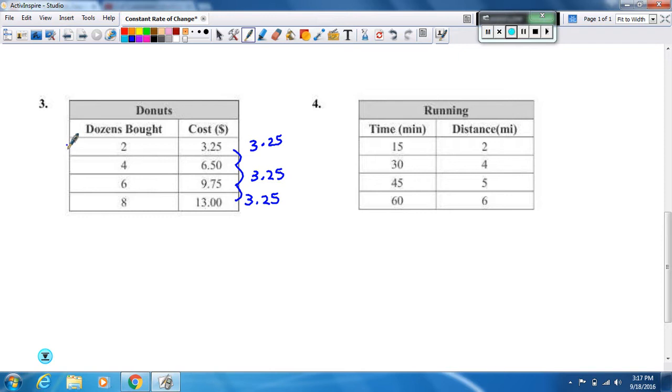Over here, from 2 to 4, that went up 2. From 4 to 6, that went up 2. And from 6 to 8 went up 2. This is linear because the change is constant on both sides.